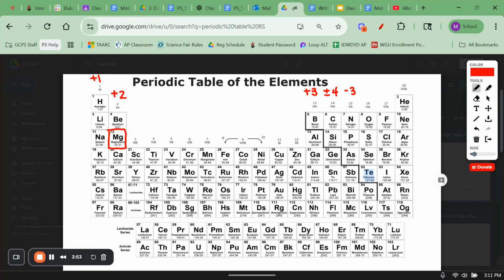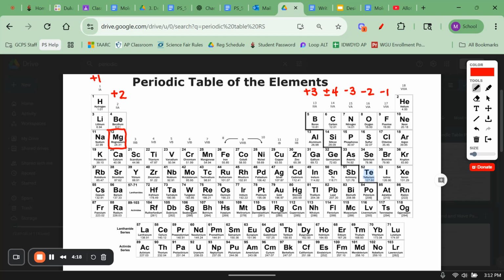And then we hit our anions, our nonmetals. Nonmetals do not care about how many valence electrons to lose. Nonmetals care about how many valence electrons to gain. So if nitrogen has 5 valence electrons, it needs to gain 3 to become full, which means it's -3. Oxygen is -2, and any of the halogens are -1.